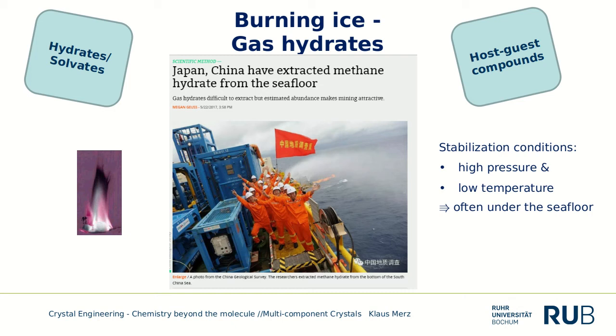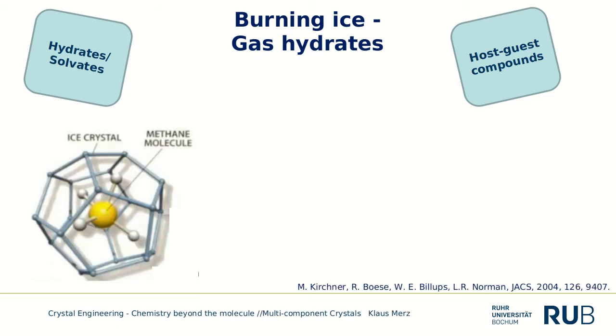Well, what is it? Let's have a look at the molecular structure, the molecular aggregation of gas hydrates. Well, this is gas hydrate. This is the cage formed by water. We have an ice crystal, and inside is methane, for example.